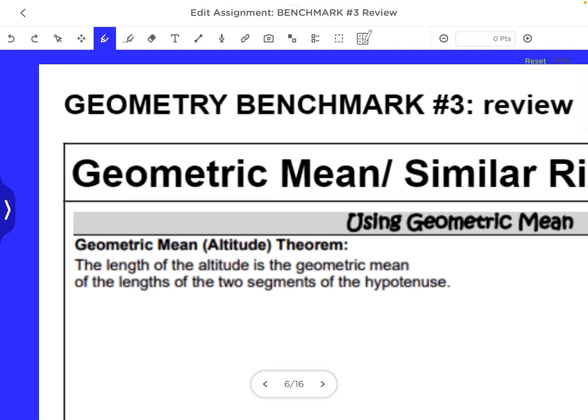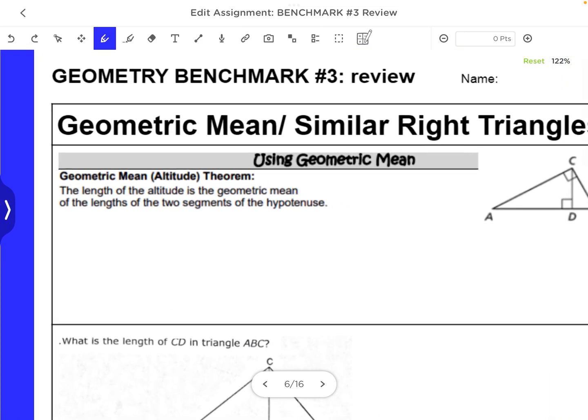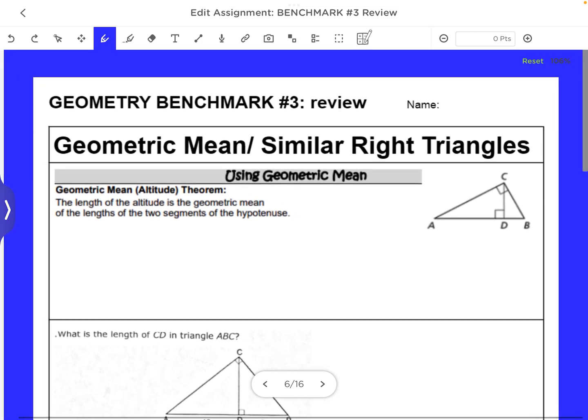This was a little tricky, hopefully, for our last test, but hopefully this will become easier with this. So the geometric mean. Okay, so the geometric mean is when we're talking about this right over here, that guy, which is called the altitude. Okay, we know the altitude is perpendicular to the vertex. Okay, this is perpendicular to that vertex, right?